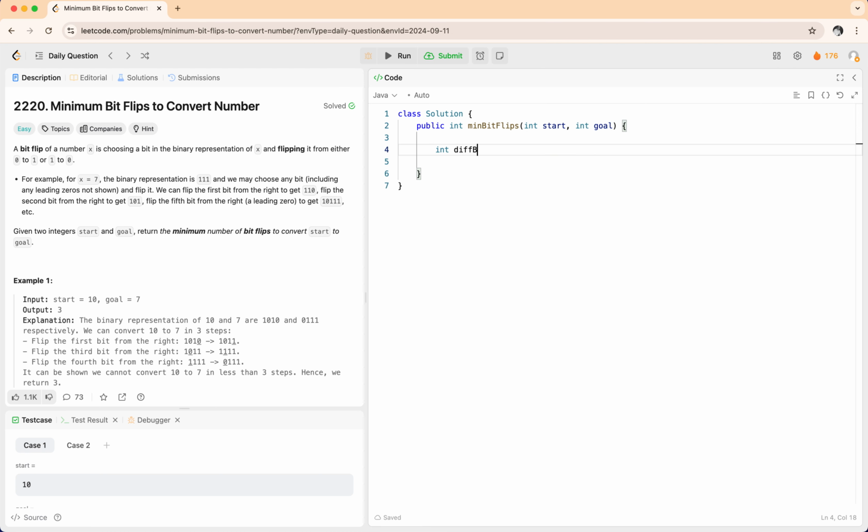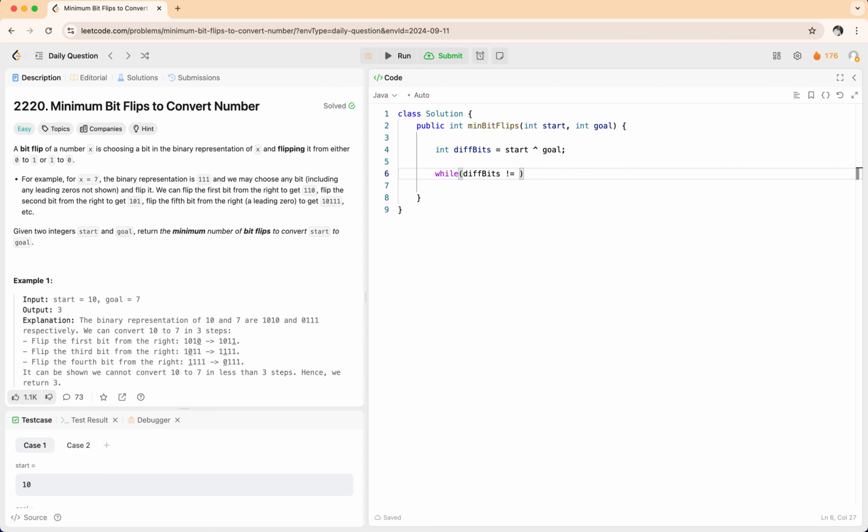We call this diff bits, and compute start XOR goal. This captures the difference of the bits between start and goal, and the resulting int is stored in diff bits. Now we want to count how many ones, how many set bits, are there in diff bits.